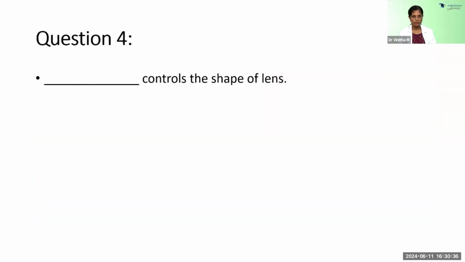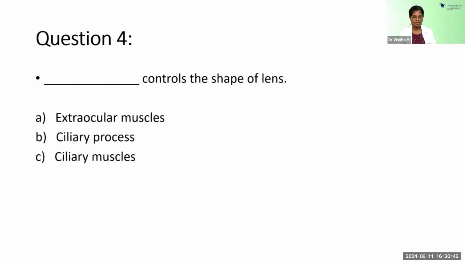Here goes the fourth question. Which structure controls the shape of lens? A. Extraocular muscles. B. Ciliary process. C. Ciliary muscles. Let's start the poll.